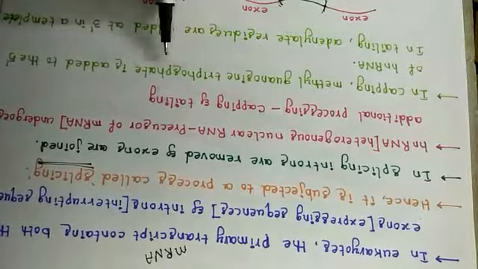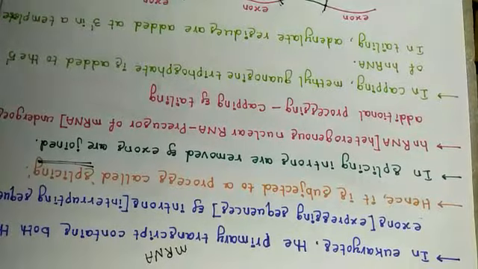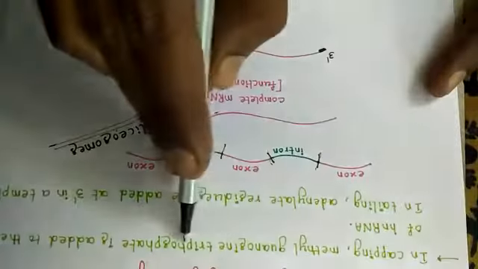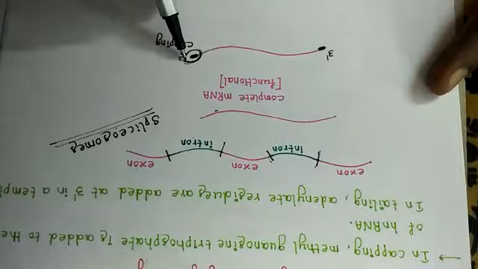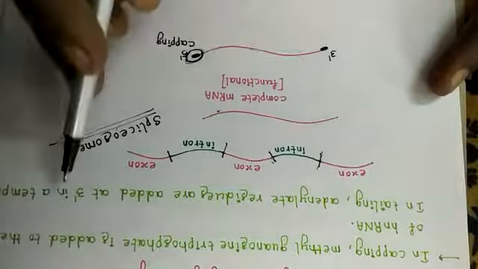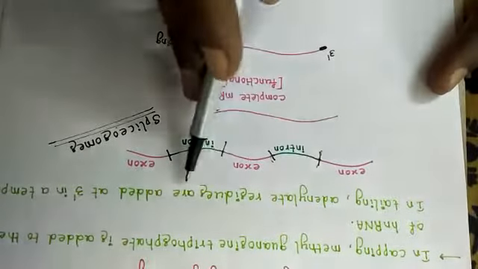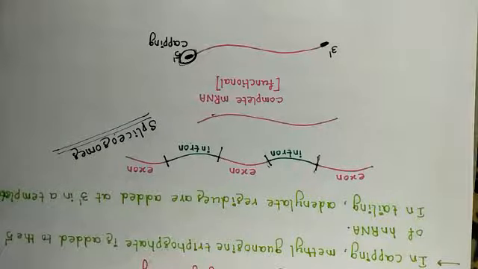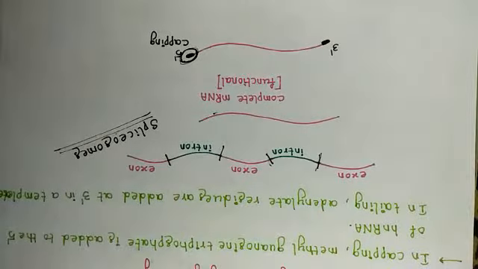Methyl guanosine triphosphate should be added to the 5' end, and at the 3' end adenylate residues should be added, so that the complete structure of mRNA forms here. By this, transcription process will be completed, and we'll have an overall look at this transcription process in a small video form.